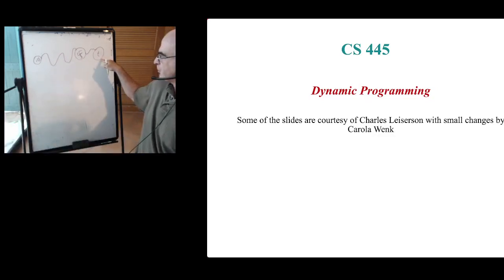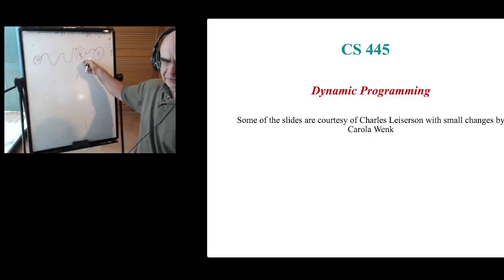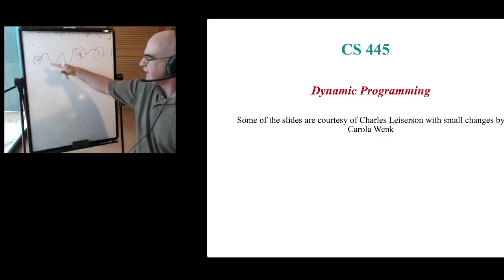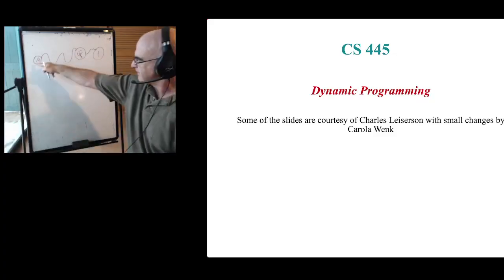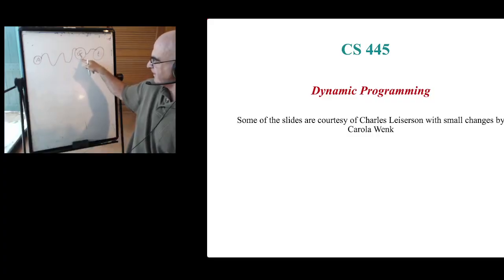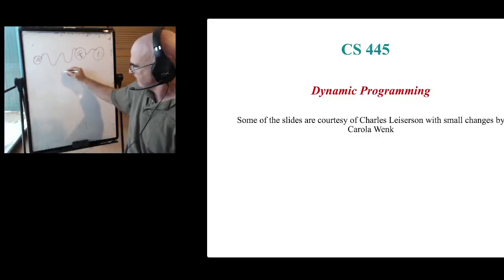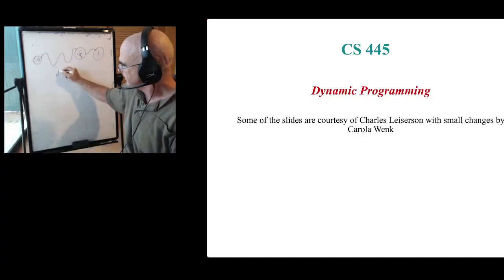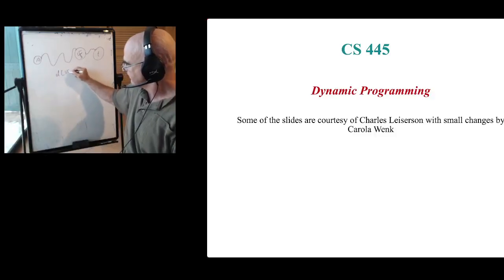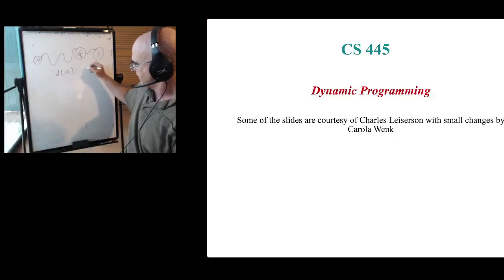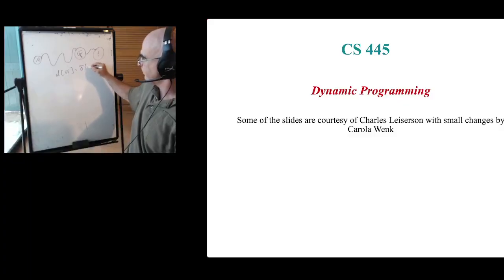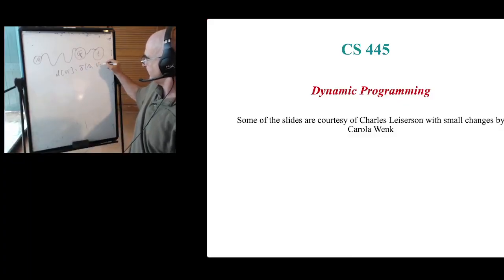I want to know the shortest path from S to T. What's the importance of V5? I don't know if the shortest path will use V5, but I'll nevertheless compute D of V5, which is the distance from S to V5.